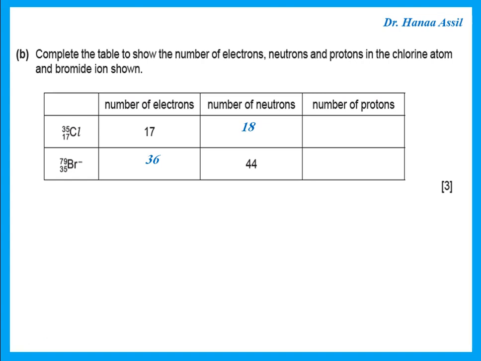So chlorine has 17 protons, and the bromide ion, Br minus, has 35 protons. Remember, the number of protons does not change. If the ion has a positive or negative charge, it is only the number of electrons that changes. The number of neutrons and protons will not change for the atom and the ion.